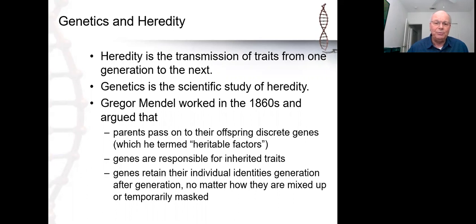It's not as if Mendel's work was completely ignored during Mendel's lifetime. It was largely ignored during Mendel's lifetime, however, and was not really recognized for its value until 1901. Unfortunately, Mendel had been dead for about 20 years at that point. So he never really got the credit during his lifetime for the work that he did.